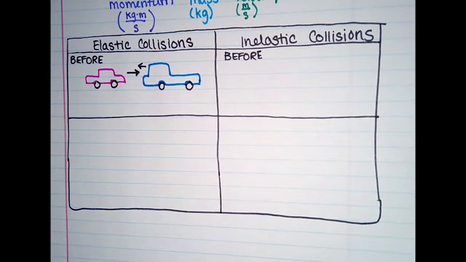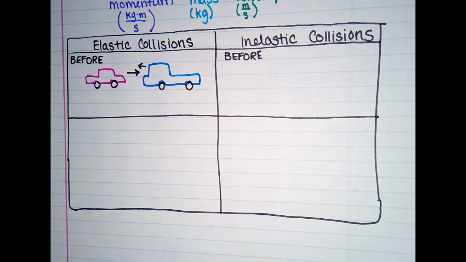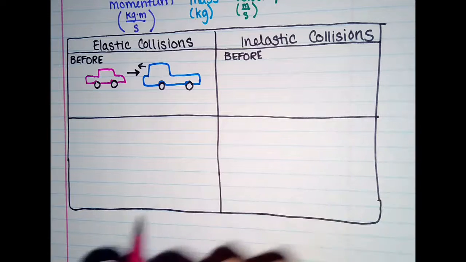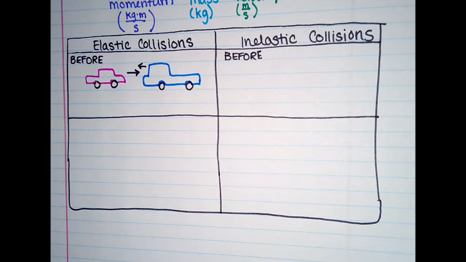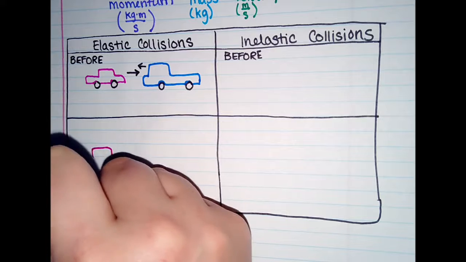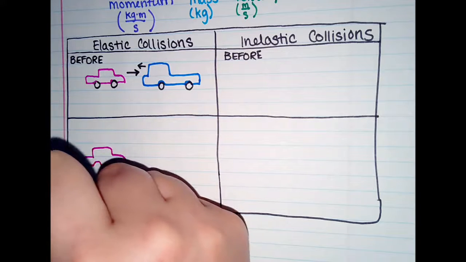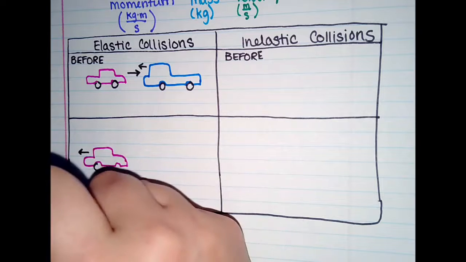All right, if it is an elastic collision, an elastic car accident, what that means, they're going to hit each other. And then, in perfect physics world, they're going to kind of bounce off each other, which would be very bizarre to see in real life, as if these are bumper cars. Okay? So that means after the collision, this one is now going that way a little bit.